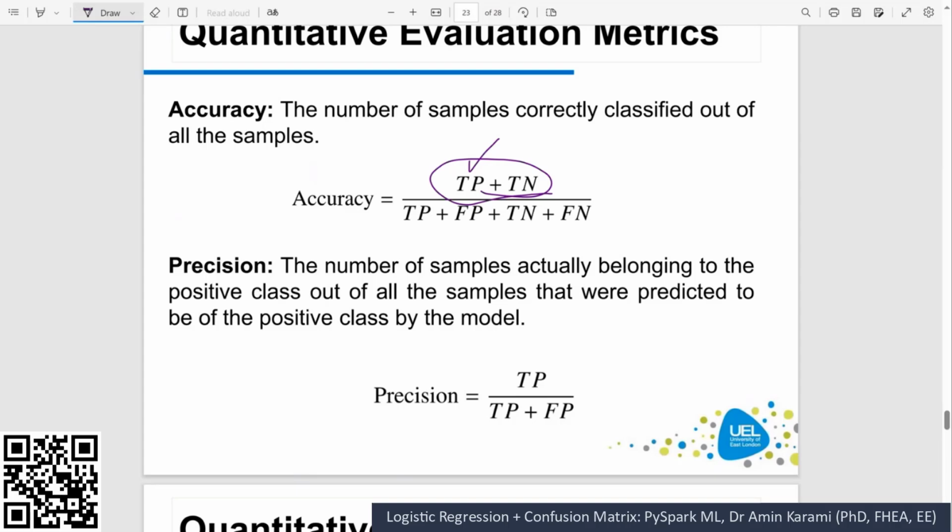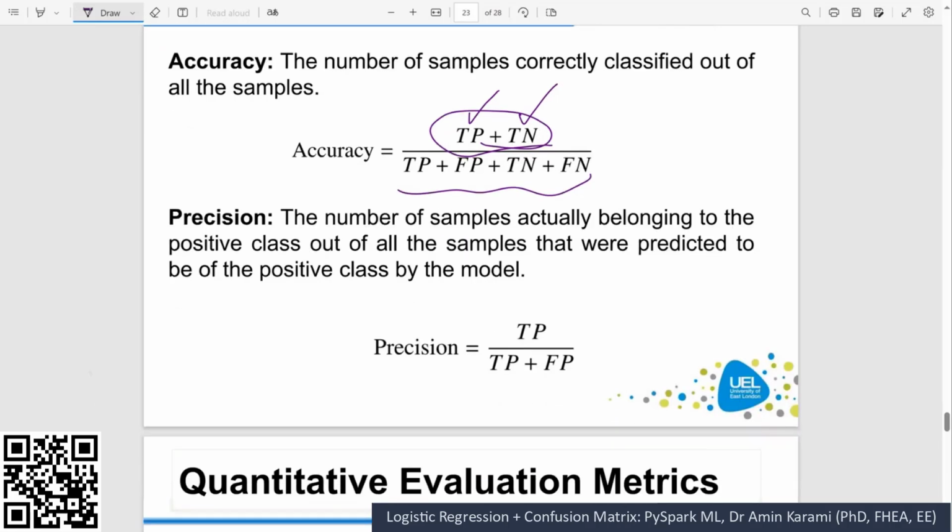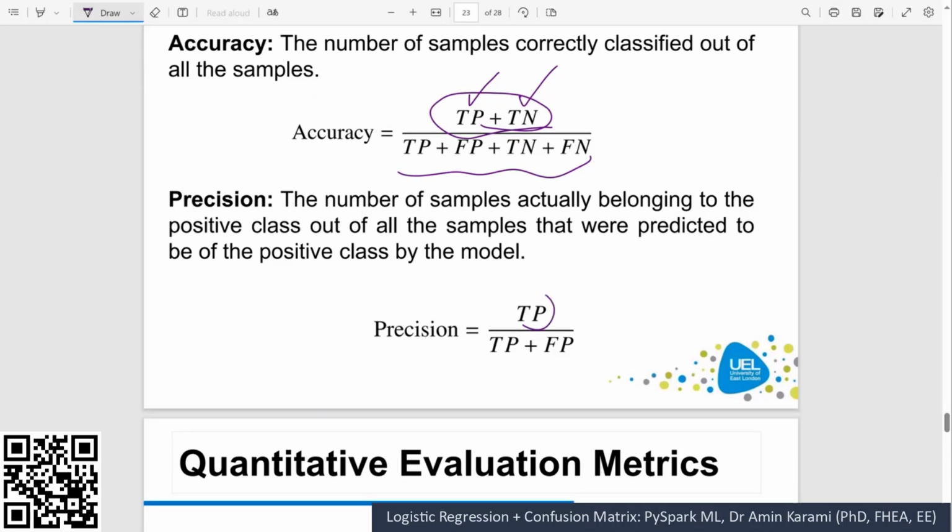True positive means you could correctly predict it as positive, class 1, and true negative means you detected it correctly as class 0, divided by all the predictions, either true or false. It's called accuracy.